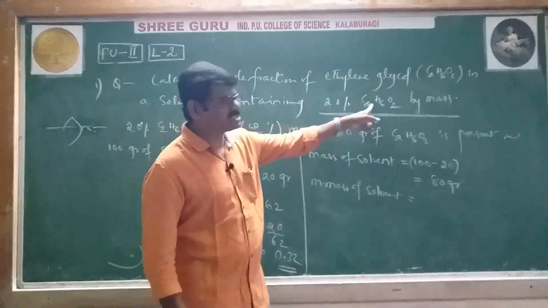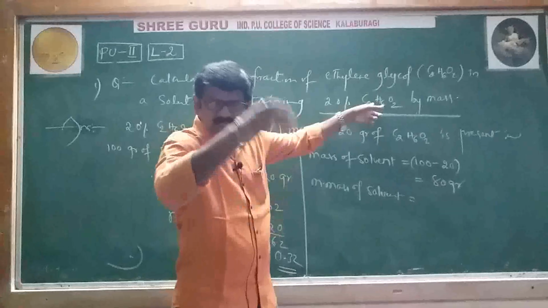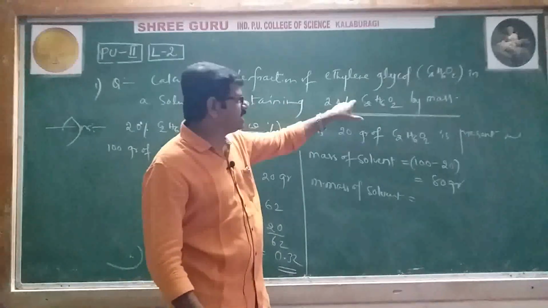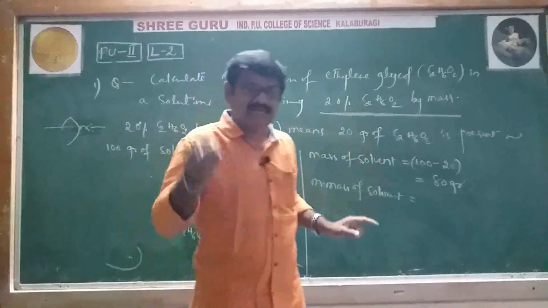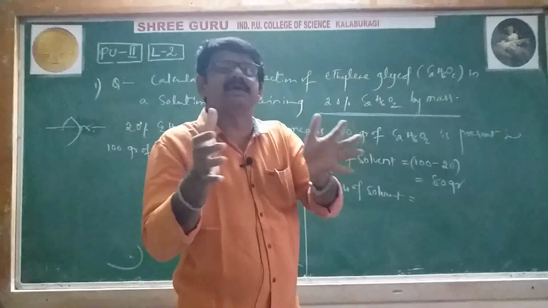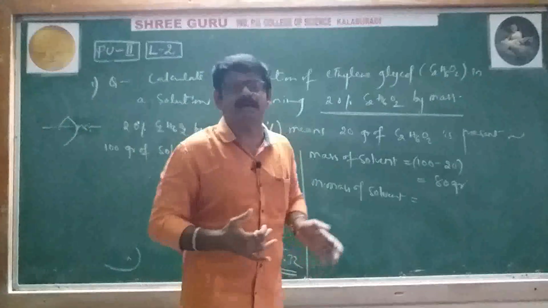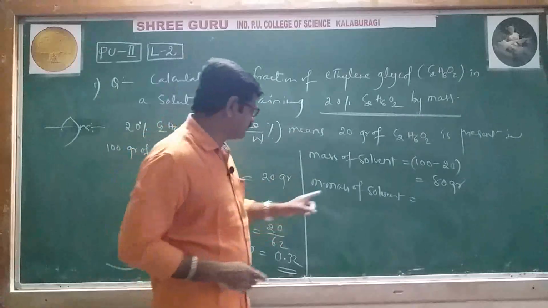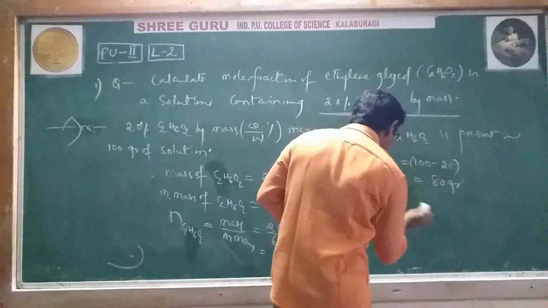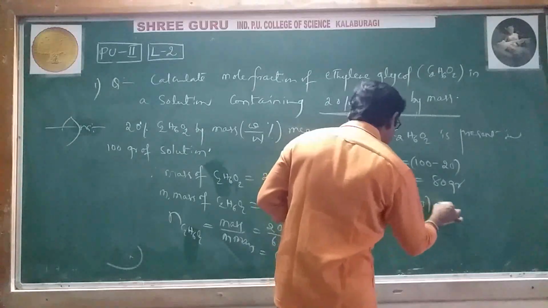Means to this ethylene glycol, they are adding water. That is 20 grams of ethylene glycol, 80 grams of water they have added, and they made 100 grams of solution.